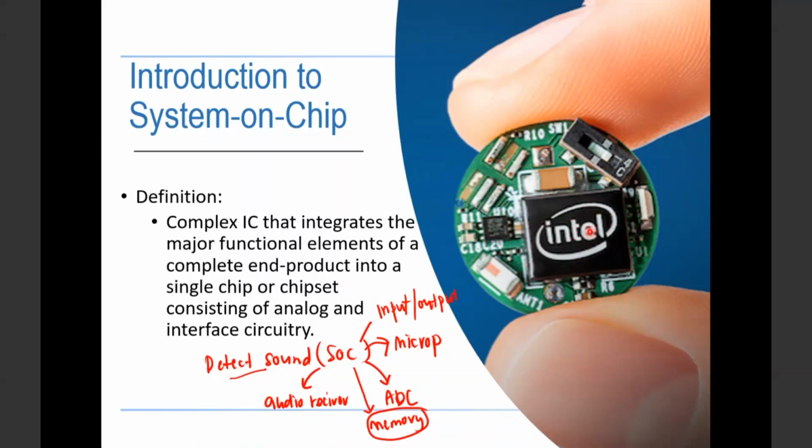It has a 6-axis combo accelerometer, and it also has a gyroscope, which is used to enable movement tracking and gesture recognition. So this is the Intel Curie system on chip. The size is very small, the size of your shirt button.